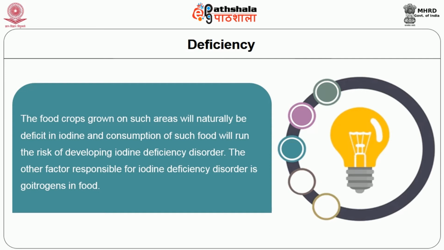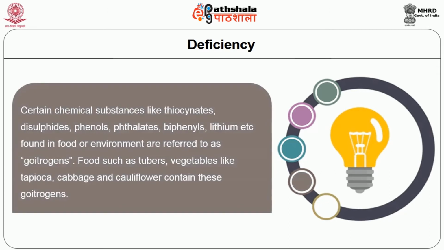The other factor responsible for iodine deficiency disorder is goitrogens in food. Certain chemical substances like thiocyanates, disulfides, phenols, phytates, biphenyls, lithium, etc., found in food or environment are referred to as goitrogens.